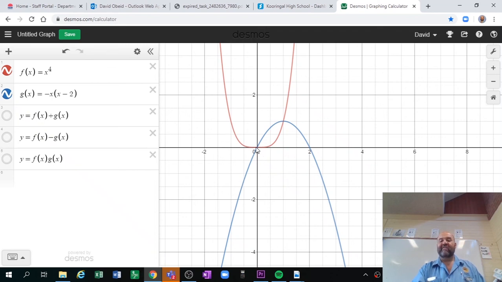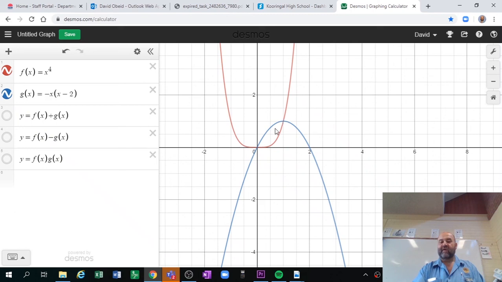Between 0 and 2, I've got a positive multiplied by a positive. It's going to give me a positive. Over here to the right of 2, so when x is larger than 2, I've got positive values on the red curve, negative values on the blue curve. It's going to be a negative. So the product of these curves is going to be negative over here, positive in here, and negative out here.